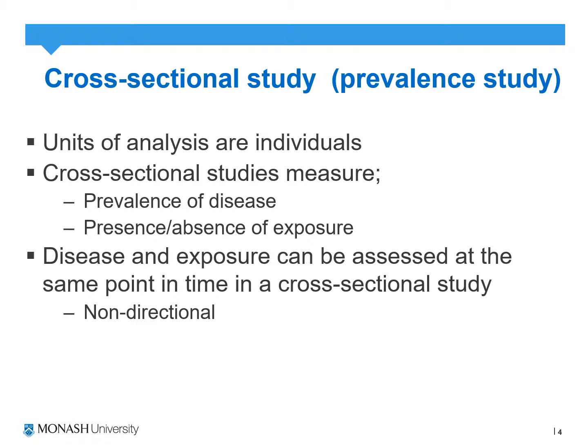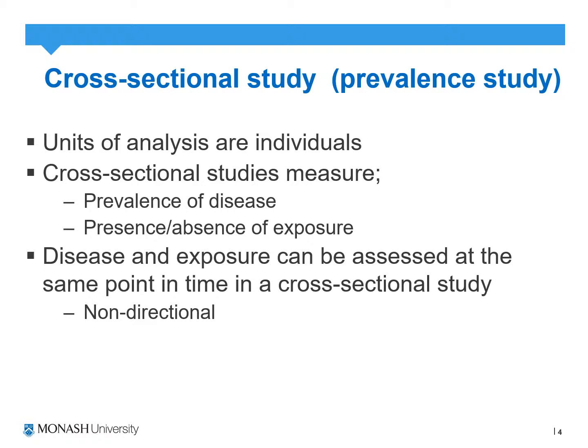Our next method that we're going to look at is a cross-sectional study, which can also sometimes be known as a prevalence study. The thing to identify here is that cross-sectional studies focus on individuals, and they're basically measuring the prevalence of a disease or the presence or absence of a particular exposure.